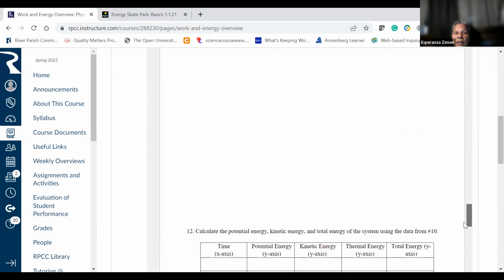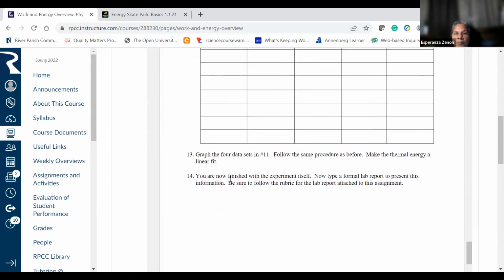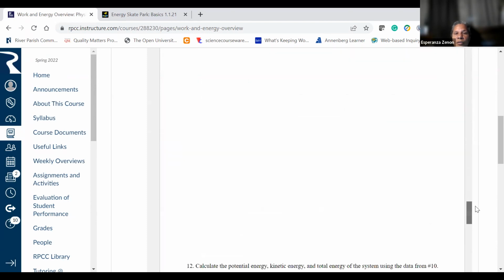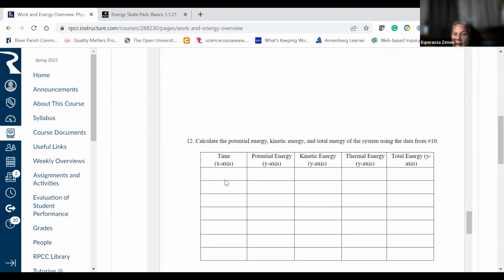And then when you get down to this step right here, you're going to do another graph, and this time it tells you the time on the x-axis, and then each one of these graphed on the y-axis using the same graph.